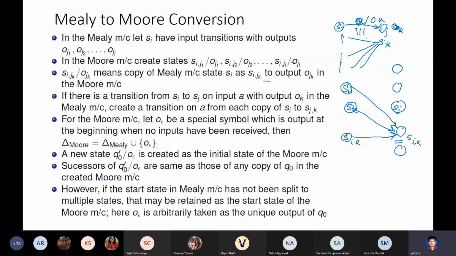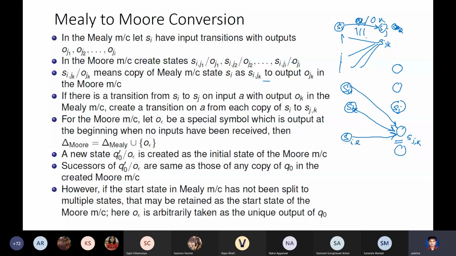So when you are splitting the start state, in addition to the splits based on the outputs, you also create a new state, which is Q naught prime, with an output of O epsilon.